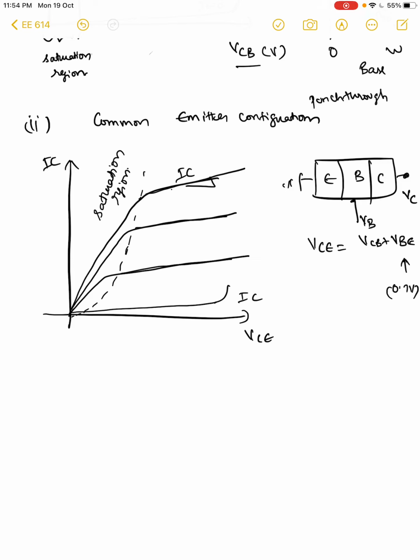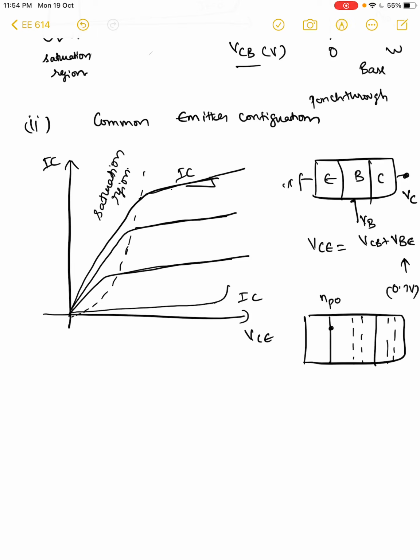So we have this junction, and you can see that as I increase the collector potential, or if I increase the reverse bias, the actual depletion width increases, right? But then because I'm not changing the base potential, the electron injection remains the same, right?